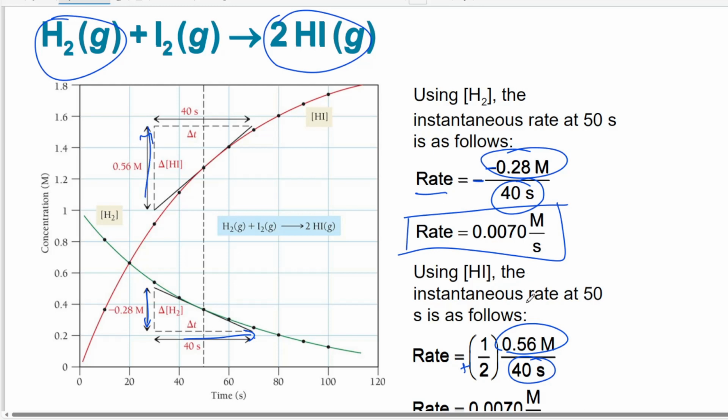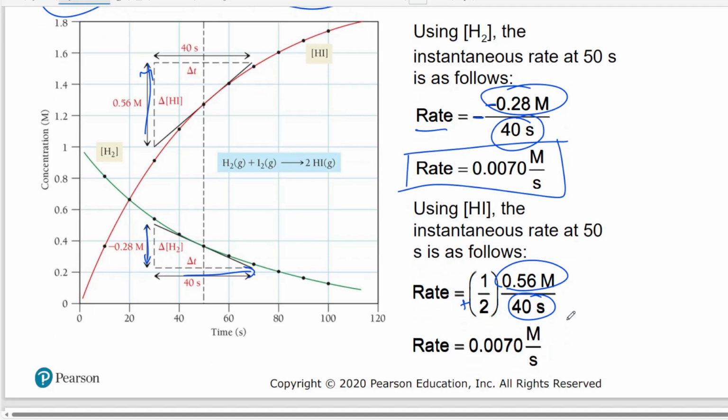Because we have the coefficient 2, this 1/2 in front gives us the same rate for our reaction. So by putting the coefficients in front and by putting a negative for our starting material and a positive for our product, we're expressing the rate the same way. So we get the same rate whether we use a starting material or a product.